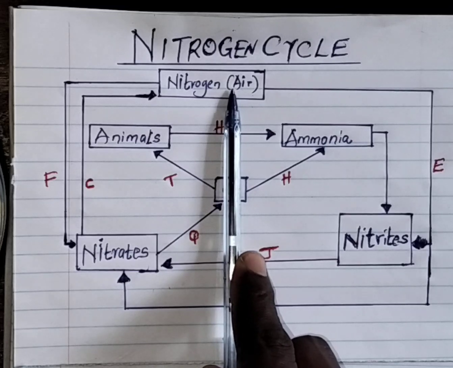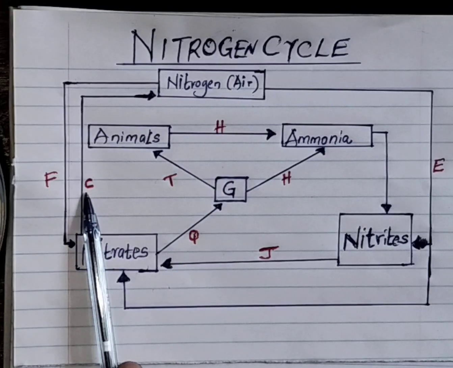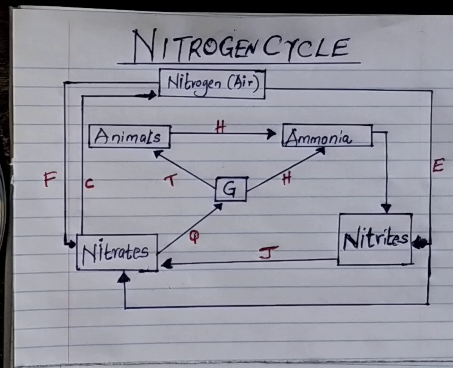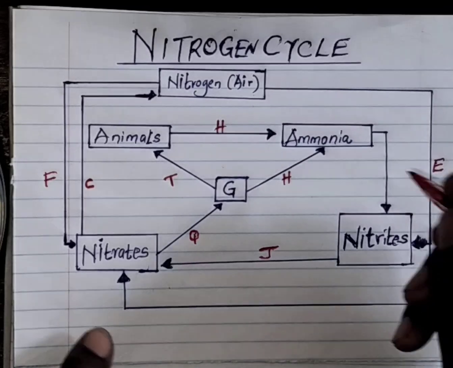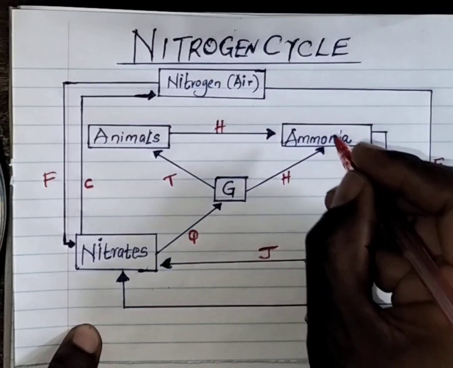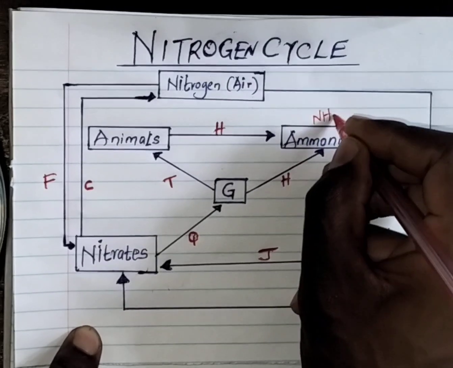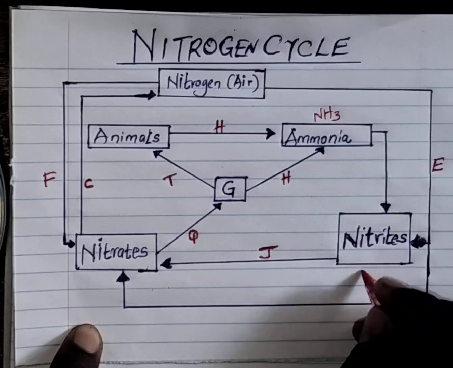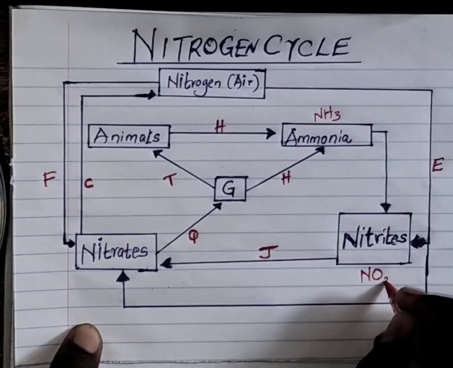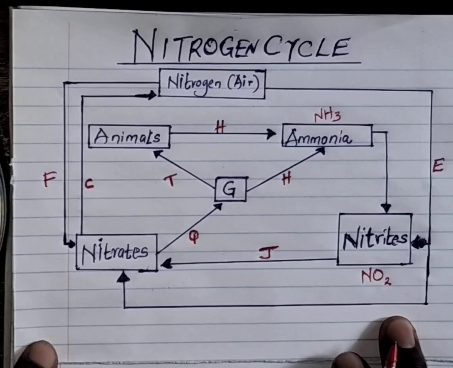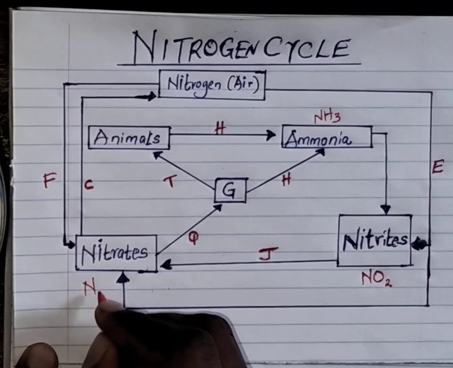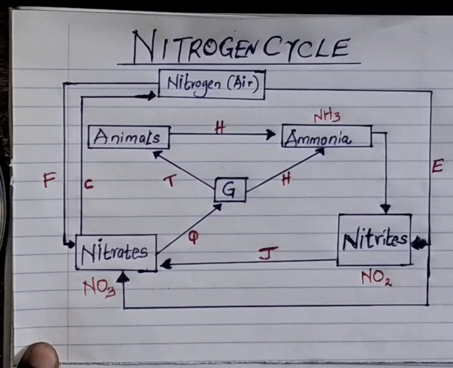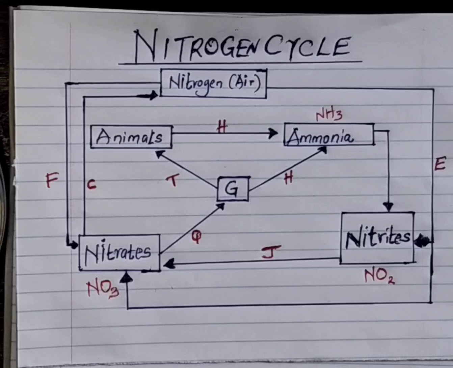That is how the arrow goes, and we are calling it C. Without forgetting, ammonia can be represented by NH3, nitrites NO2, and of course nitrates NO3. So that is briefly what we can talk about that flowchart. We go to the questions and see what the questions have for us.